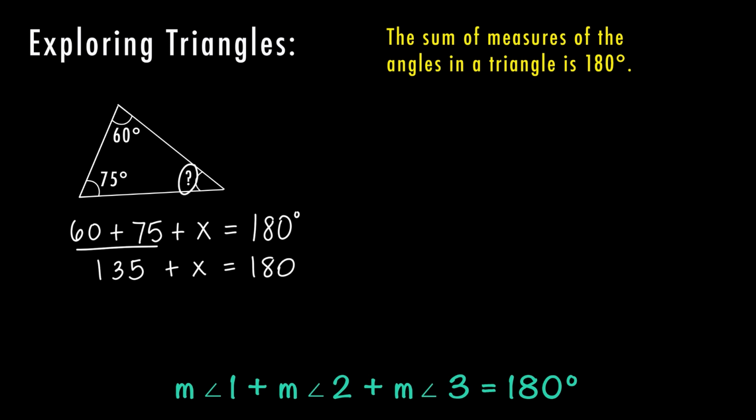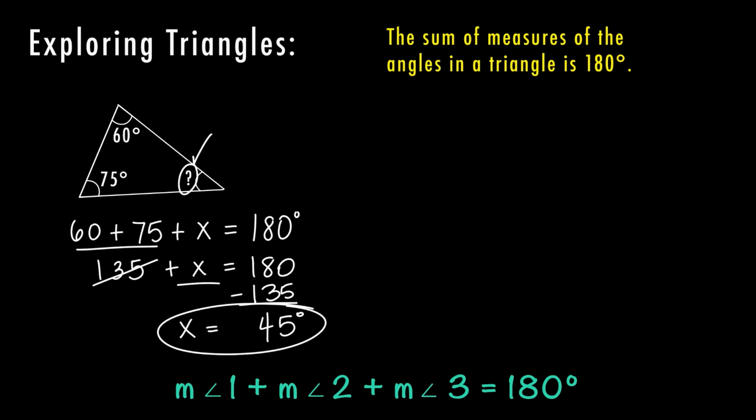Now, in order to find this missing number, x, I'm going to have to subtract my 135 from 180, because I know that whatever added to that equals 180 degrees is my missing amount. So now I can see that x is going to equal 180 minus 135, and that's going to be 45 degrees.